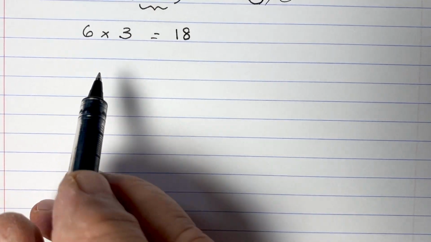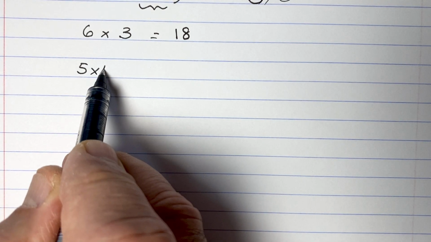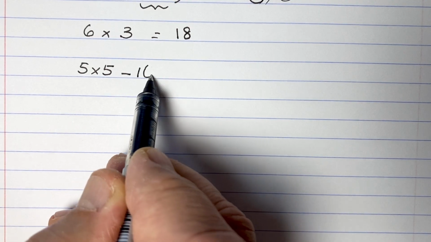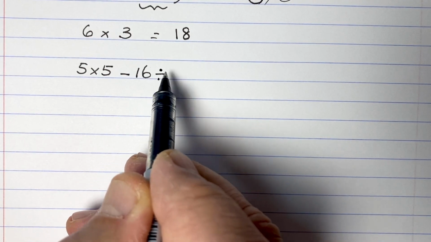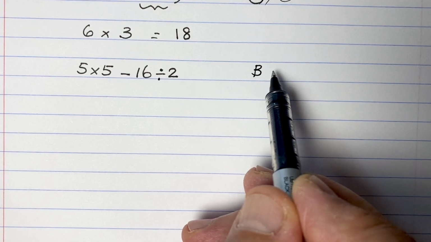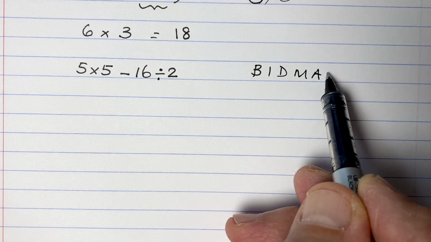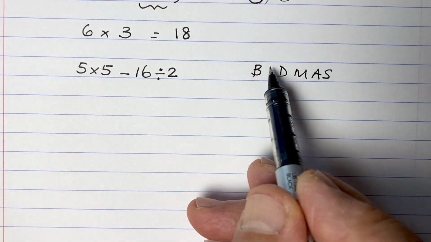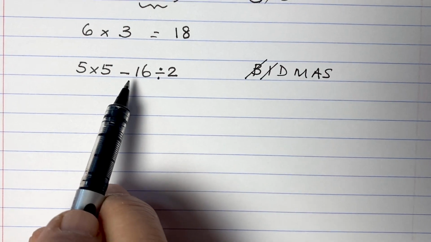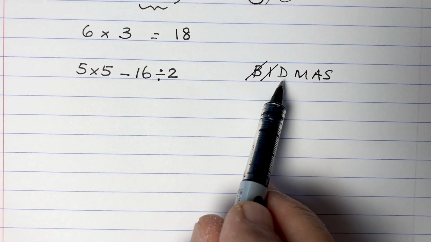More examples. 5 times 5 minus 16 divided by 2. Okay, let's write BIDMAS. Are there any brackets here? No. Are there any powers here? No. Now we have both multiplication and division.